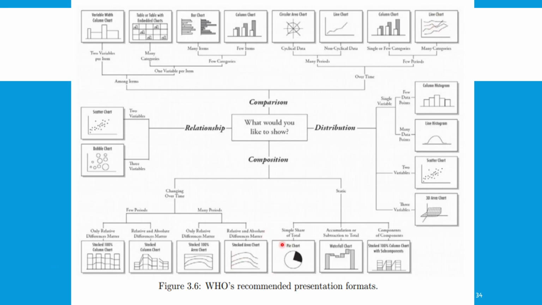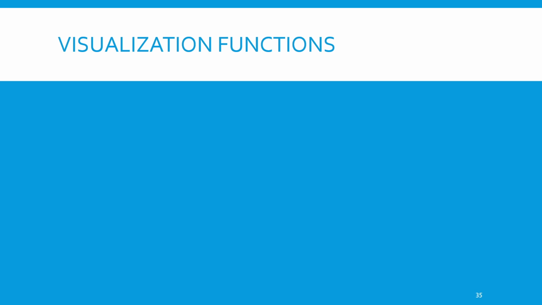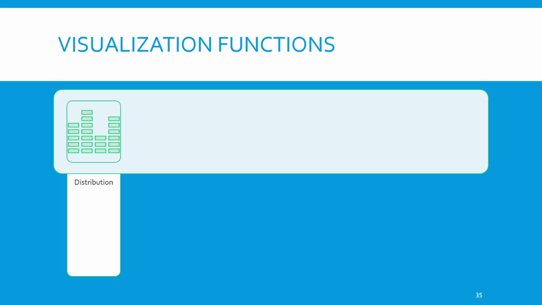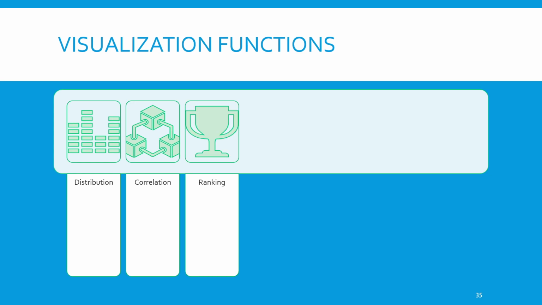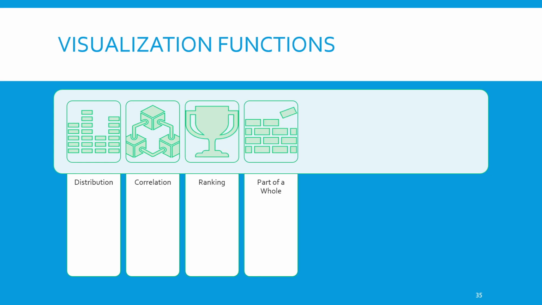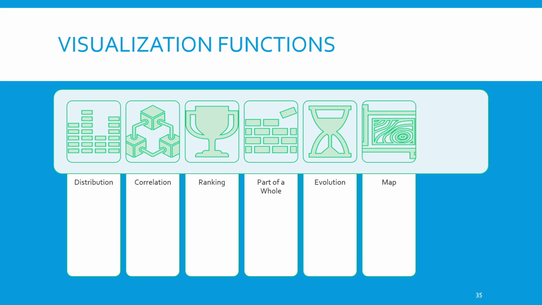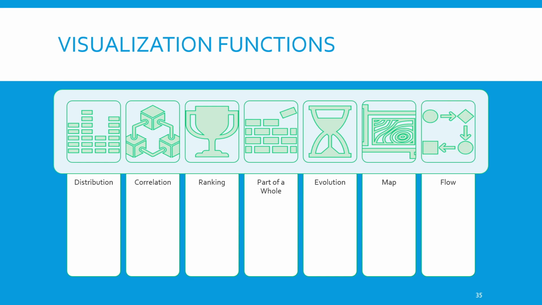We just have a slightly different way of presenting the data, but they are going to be helpful in those elements. Then, when we are thinking about visual functions based on those tasks, we can have distribution, correlation, ranking, part of a whole, evolution, map, and flow.